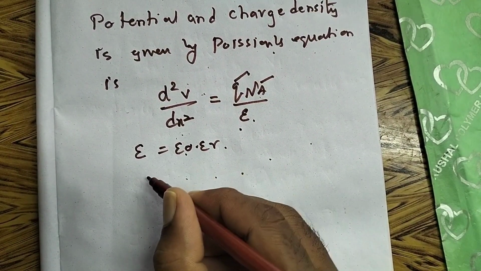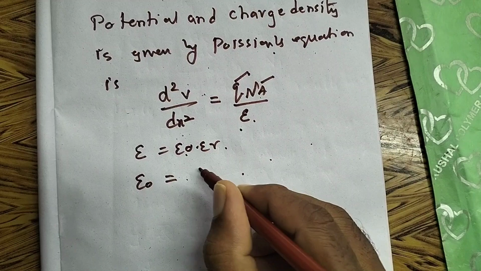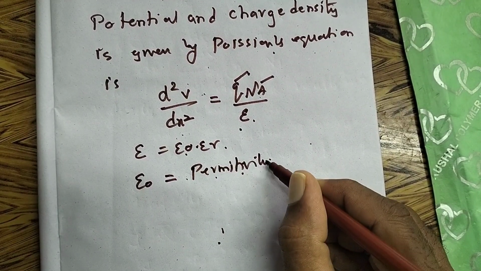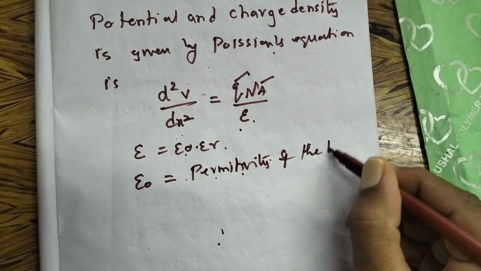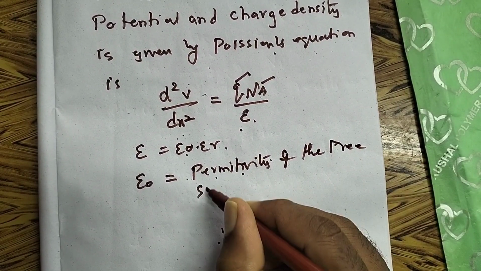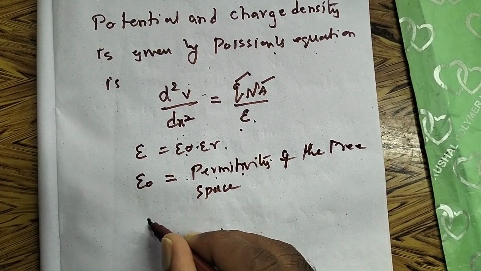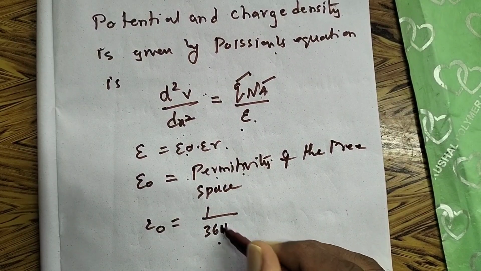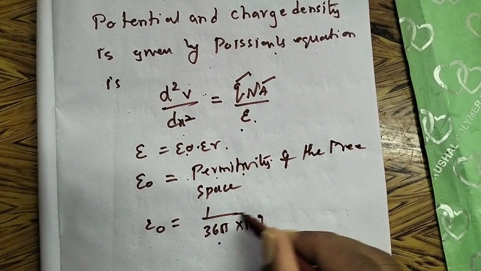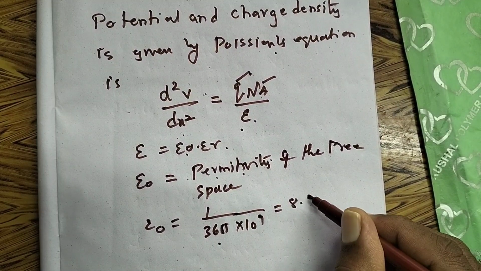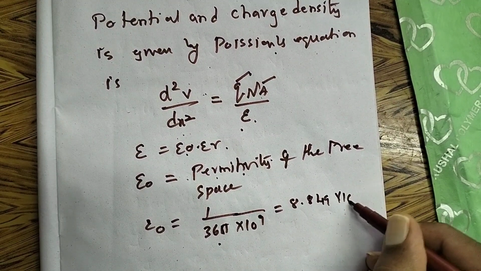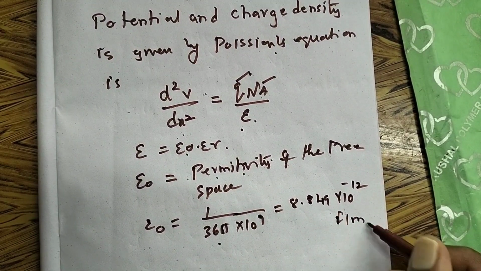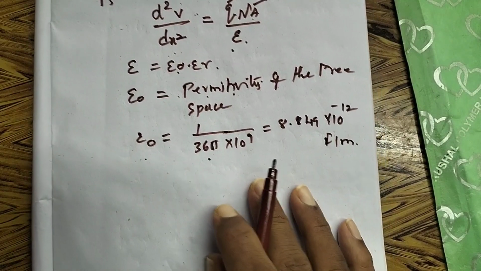Epsilon naught is the permittivity of free space, equal to 1 by 36 pi into 10 power 9, that is 8.849 into 10 power minus 12 farads per meter. So this is the value of epsilon naught.